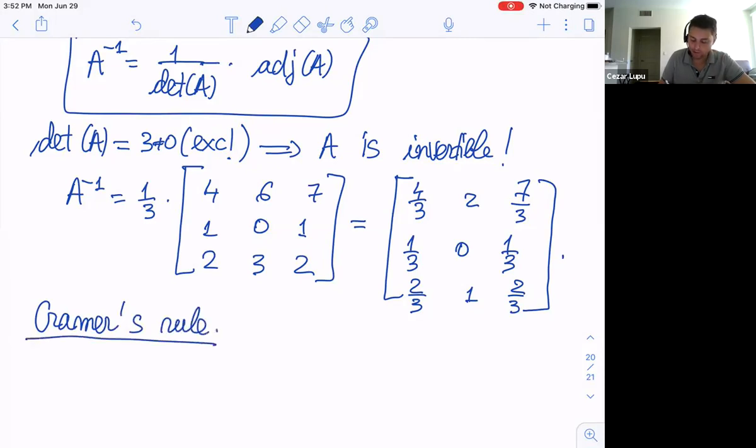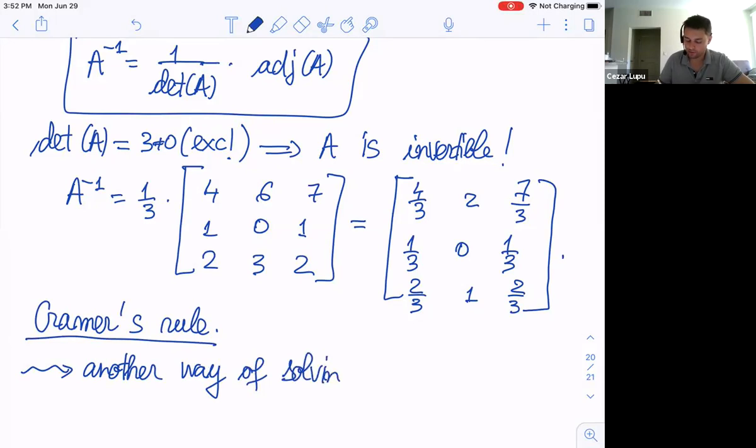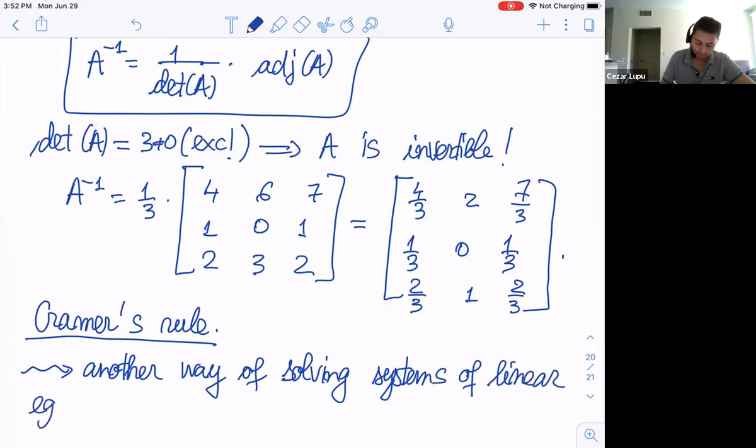Cramer's rule is another way of solving systems of linear equations using determinants.